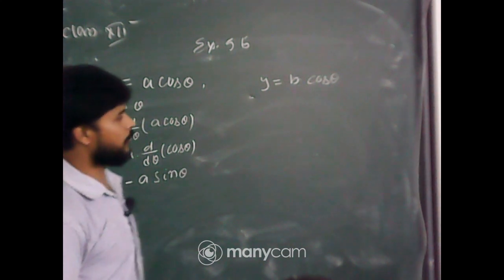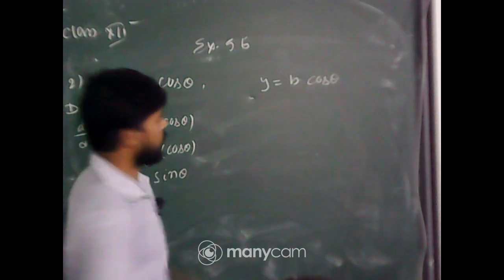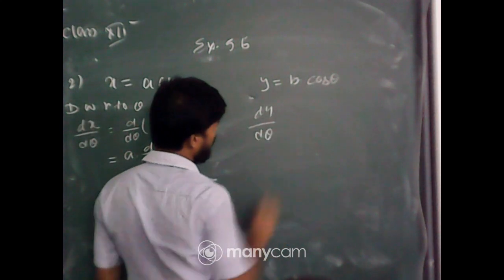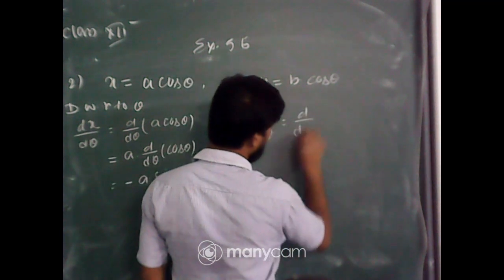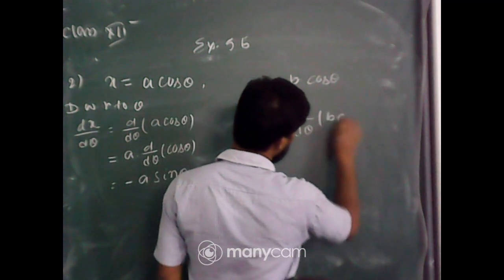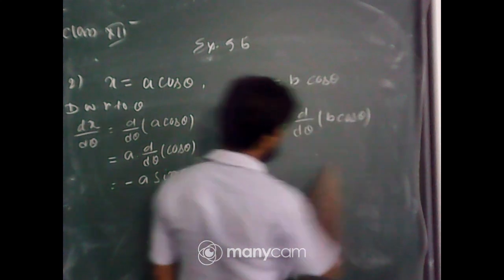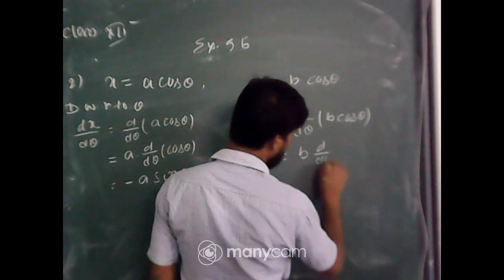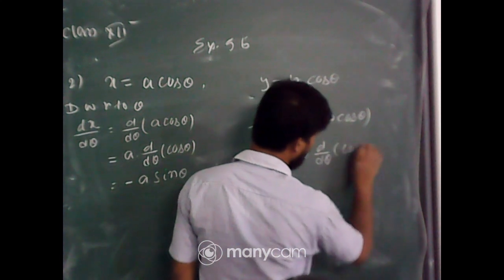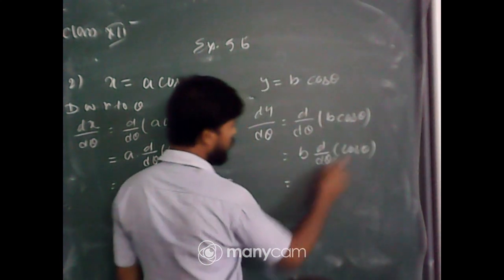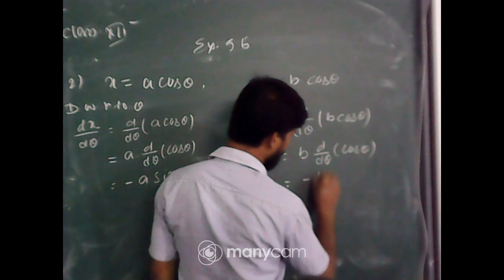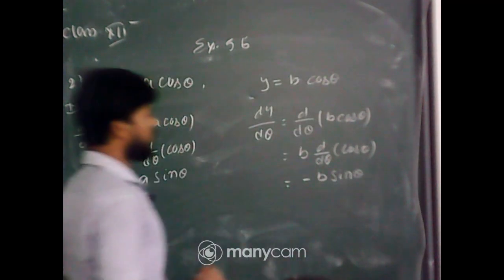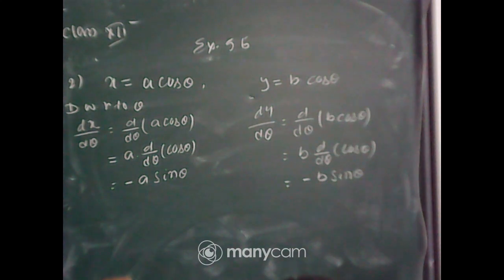In a similar way, we calculate dy/d theta. Differentiating y with respect to theta, dy/d theta equals d/d theta of b cos theta, that is b into d/d theta of cos theta, and again the derivative of cos theta is minus sin theta. So dy/d theta equals minus b sin theta.